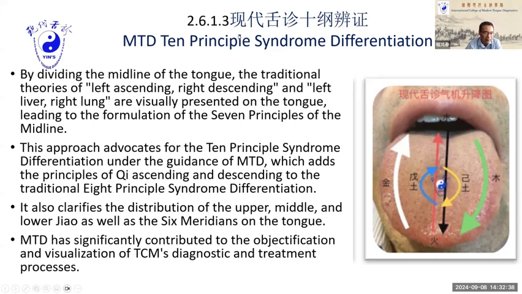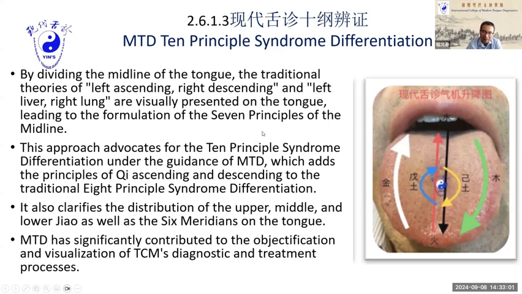This approach advocates for the 10 principles syndrome differentiation and the guidance of MTD, which adds the principles of qi descending and qi ascending to the traditional 8 principles syndrome differentiation.